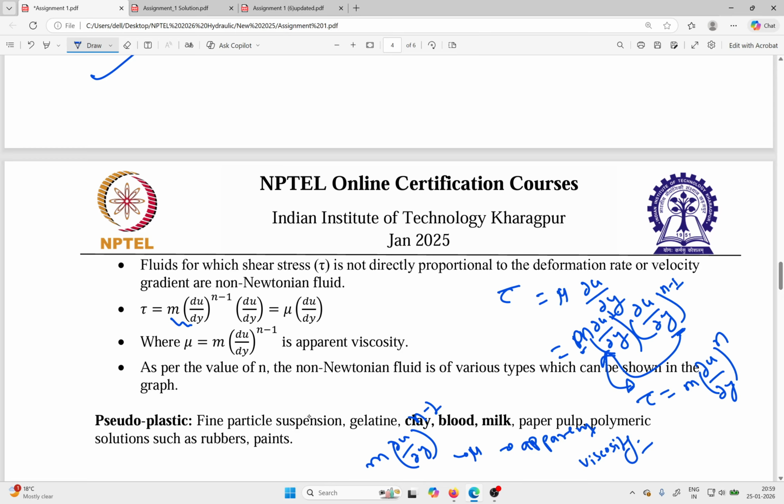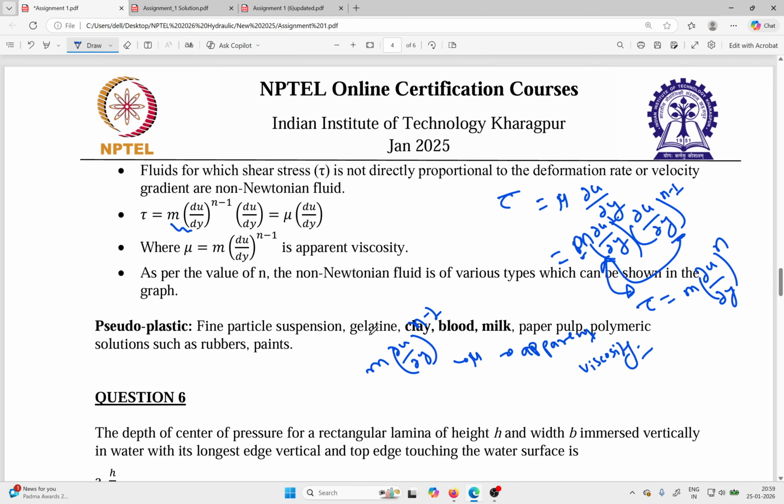As per the value of n, the non-Newtonian fluid is of various types, which can be shown in the above graph you have already seen. The pseudoplastic: the fine particle suspension, gelatin, clay, blood, milk, paper pulp, and the polymeric solutions such as rubber, paint. These are your pseudoplastic examples.